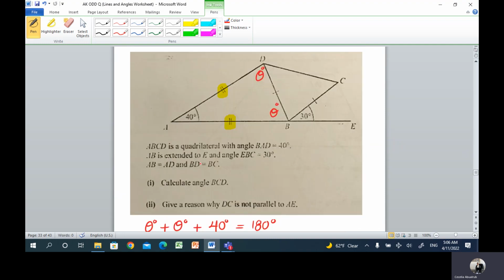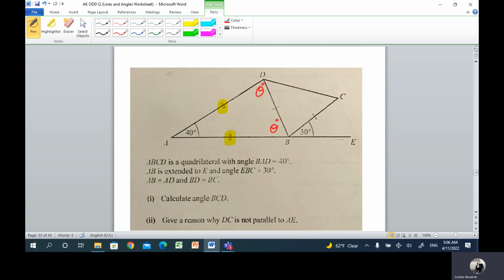So if we found theta as 70, then this theta here and the 30, and let's call this unknown angle beta. How about that? We call this beta.